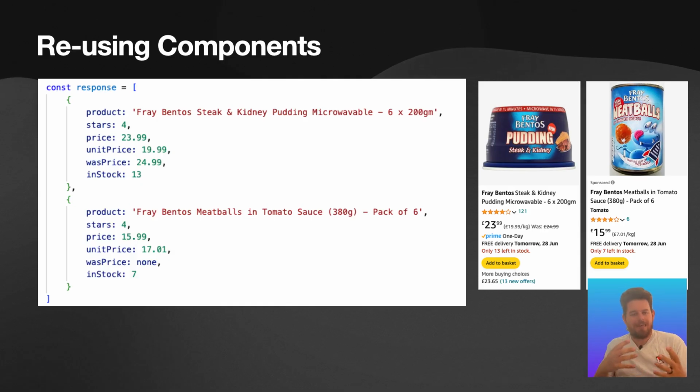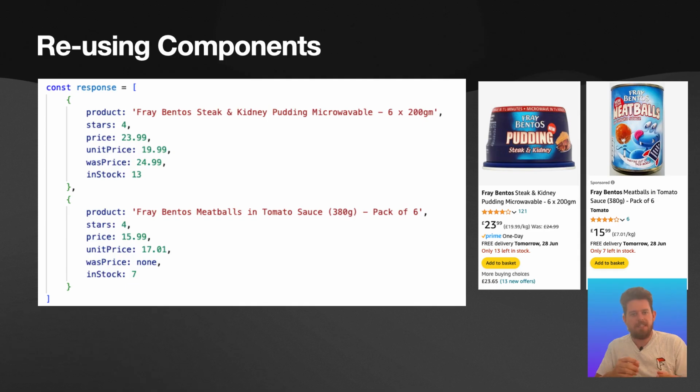So for example, let's say that we have gone off to our products API at Amazon in their data centers, and we've got back this response which has got these two products that have to happen in a list. Okay, this is a bit hypothetical, but we've got one product which is our steak and kidney pudding, and then we've also got another product that is our meatballs in tomato sauce.